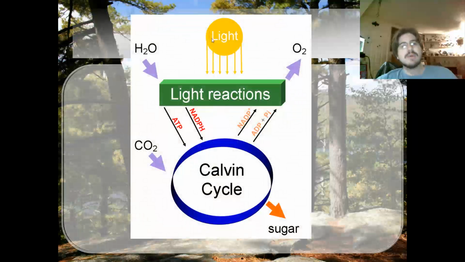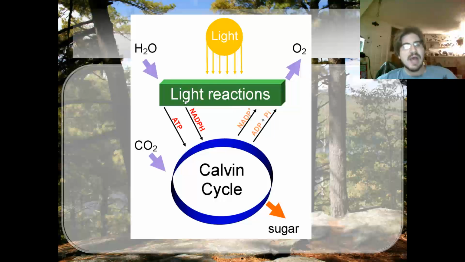Okay, so here we go. Here's light entering the light reactions. There's water entering the light reactions. In the light reactions, water is split and oxygen is released. The hydrogens are used to make 1 ATP. They're pumped across ATP synthase, right? And then the electrons that are excited during the light reactions are transferred over to NADPH.